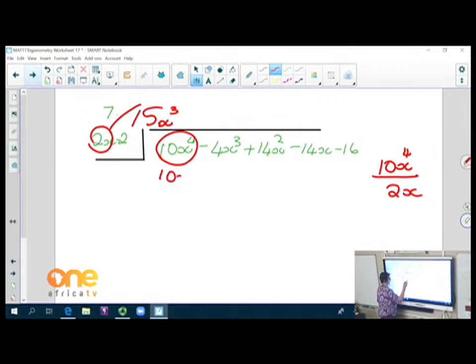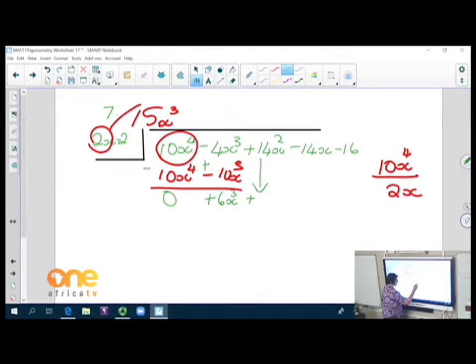So then you have 10x to the power of 4 minus 10x to the power of 3. And we subtract. We change the second signs and add. There's your elimination. And this one is positive 6x to the power of 3.